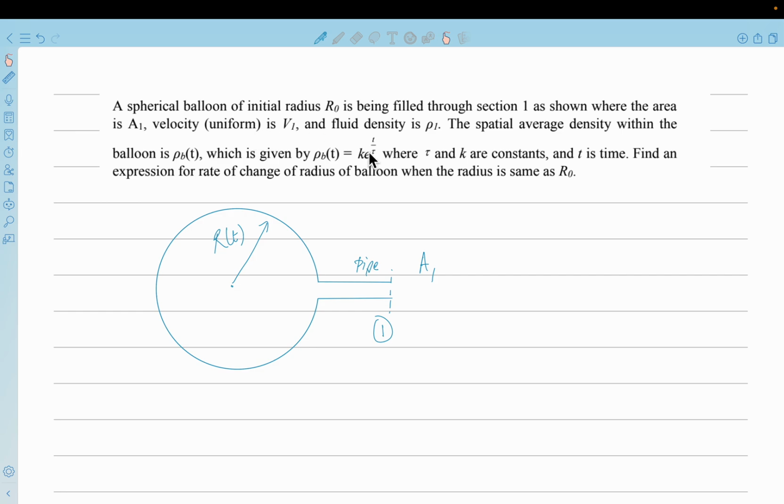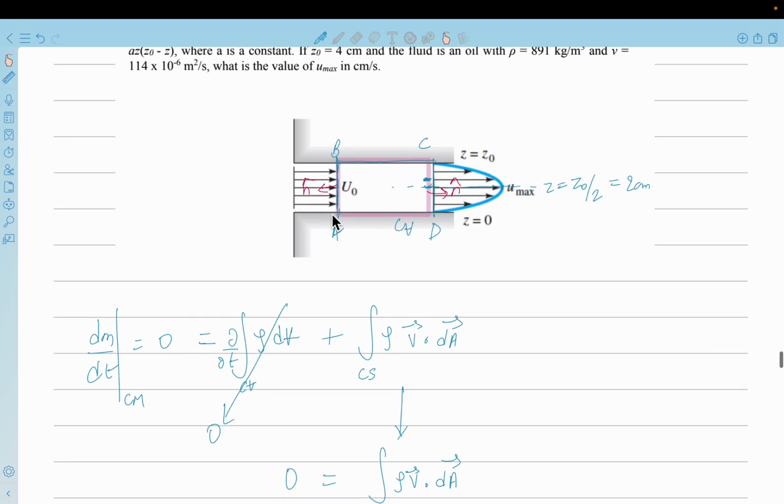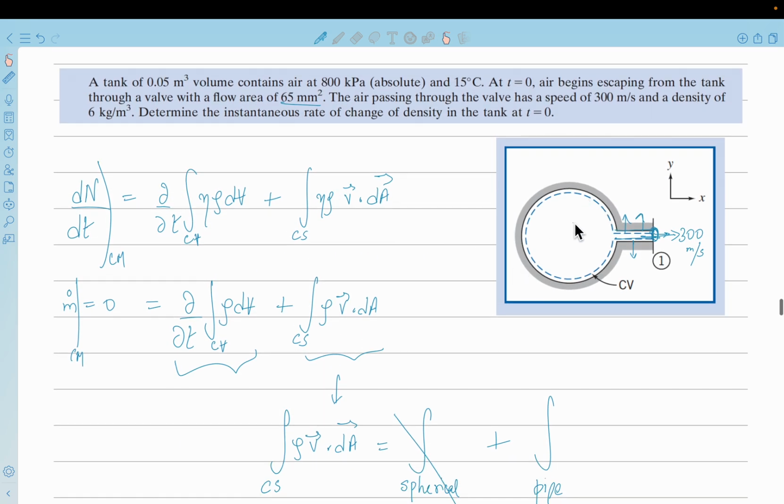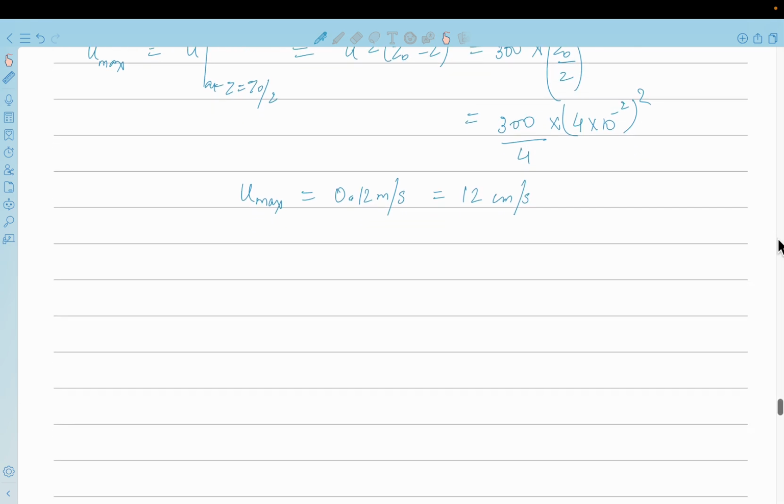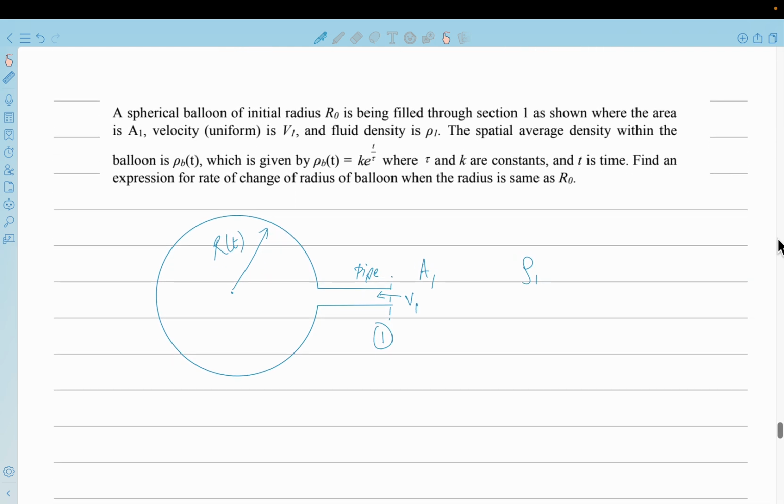The velocity with which you are blowing in the fluid is V1, and the fluid density is also given to you as rho 1, at location 1. Again, this is like the question that we just solved earlier, where you had a tank and fluid was escaping out, but now you have a balloon and you are blowing into it, so fluid is going into it and the density is going to change with time, and we can expect that the density might increase with time.